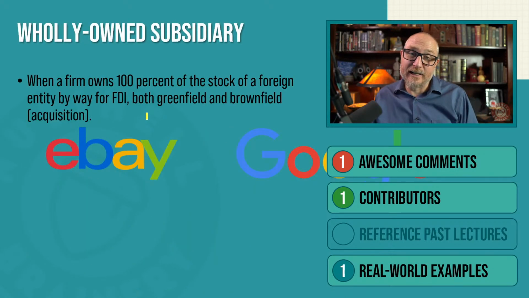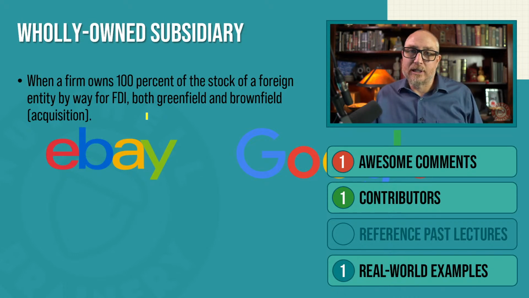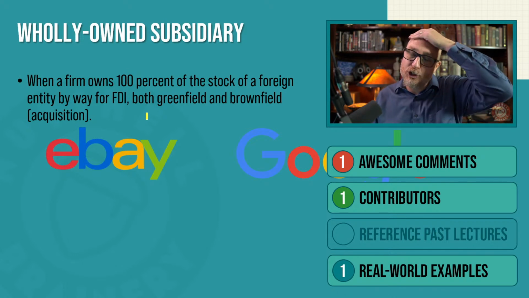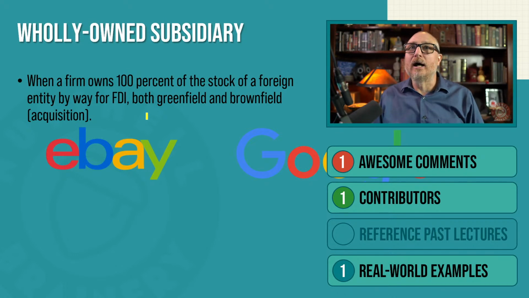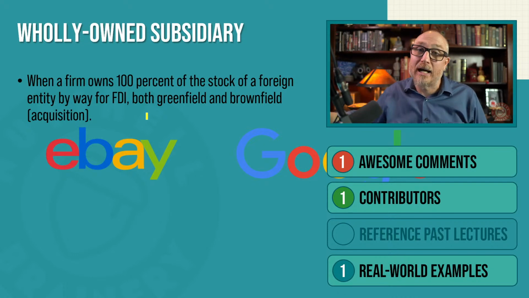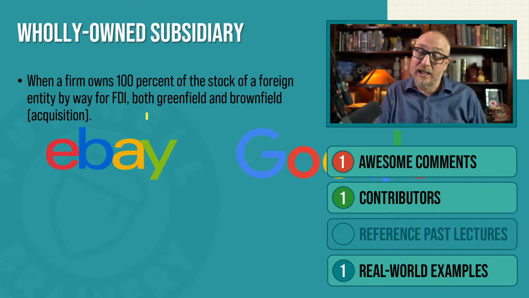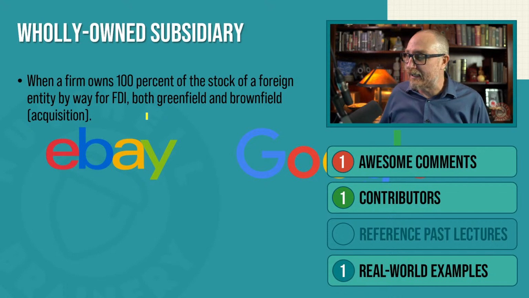Wholly owned subsidiary. This is when you just go out and buy a company out there, right? So Shalise, you have a company here. If you were to go out to South Africa and just buy a company outright, and you and your company own it, then that becomes a wholly owned subsidiary.